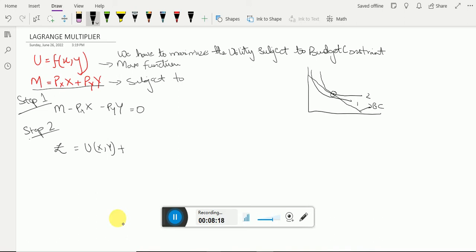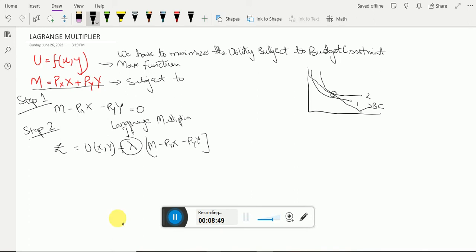Now we write a plus sign, and then lambda, which is called the Lagrange multiplier. It is basically the Lagrange multiplier which we use before our budget constraint, which we formed in step 1: m minus pxx minus pyy.